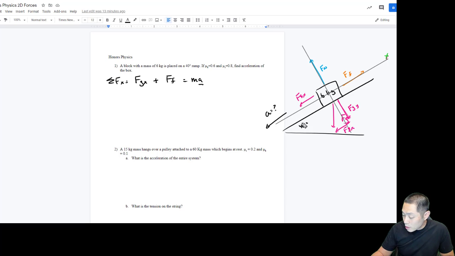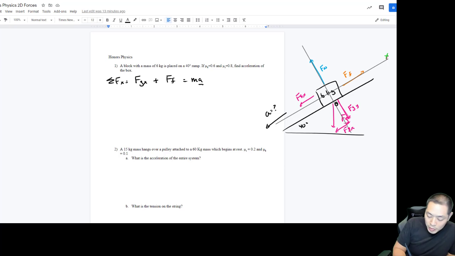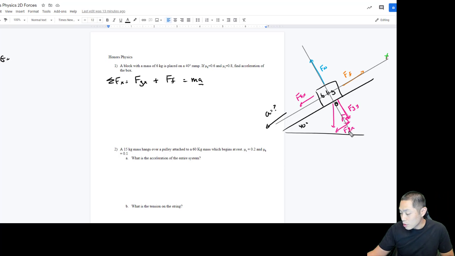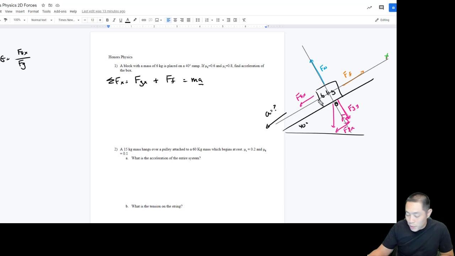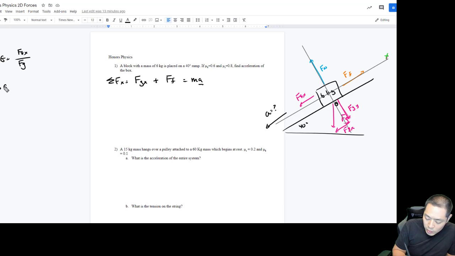So here is the angle 40. We can move the 40 over here. And then sine of theta, which is opposite over hypotenuse, will be Fgx over Fg. And then the other one would be cosine theta, which is adjacent, Fgy over Fg.